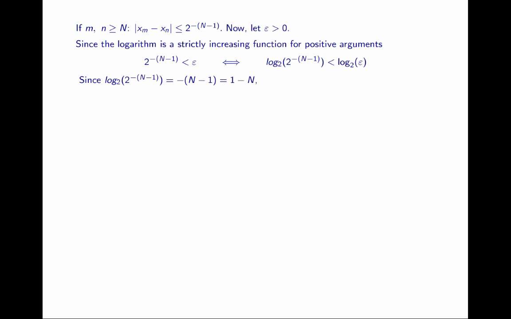Which is, of course, 1 minus n. So then this inequality here is equivalent to this inequality here. Of course, I can add n to both sides and subtract the log of epsilon from both sides. And I get 1 minus the base 2 log of epsilon is less than n.